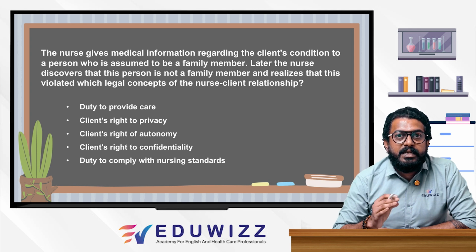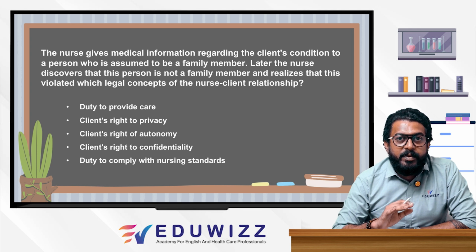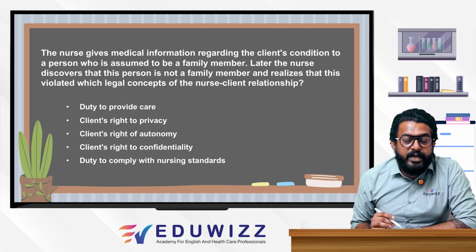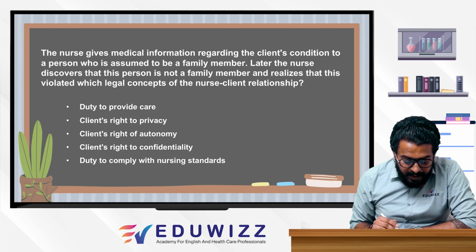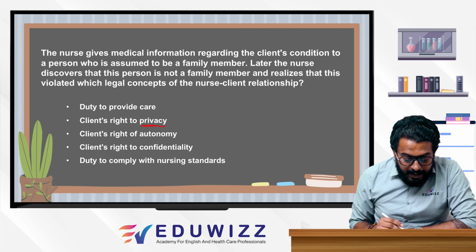By sharing the personal information of a patient, the information which has to be kept secret has been published. So, confidentiality has been violated and the private information of the patient has been published. There are 2 aspects which have been violated. First one is the client's right to privacy. Privacy means his information should not be shared outside.